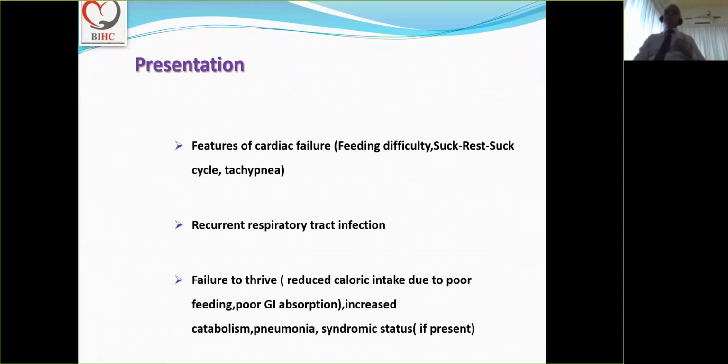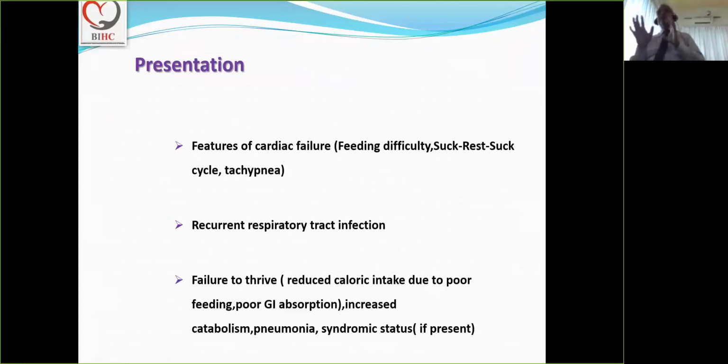So how does a large VSD present? Features of heart failure, feeding difficulty and a suck, rest, suck cycle are features of heart failure in infancy. We have discussed this in one of the opening lectures. Babies tend to have tachypnea. This is because the volume overloaded lung tends to have some transudation into the interstitium, and a greater respiratory effort is needed in moving them.